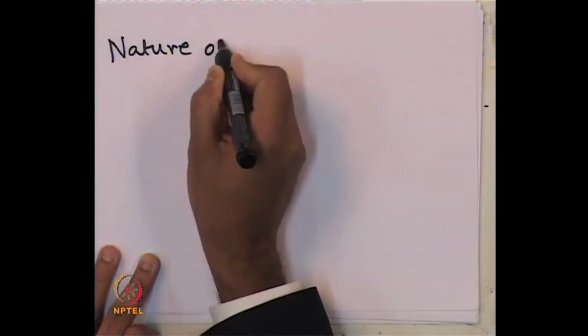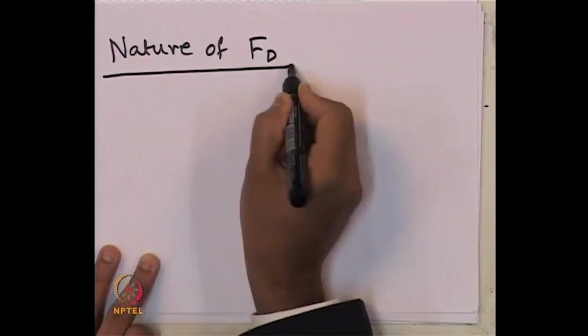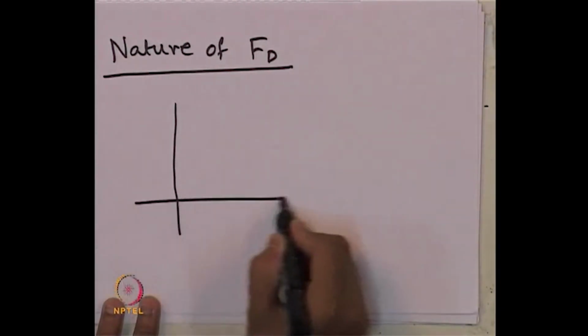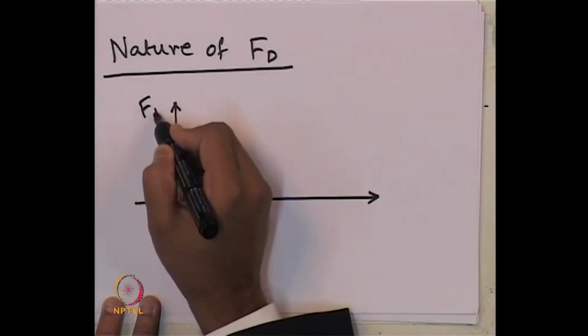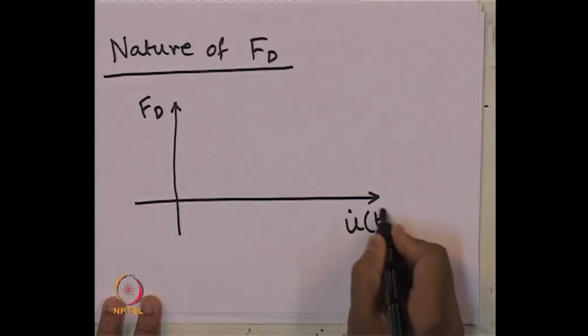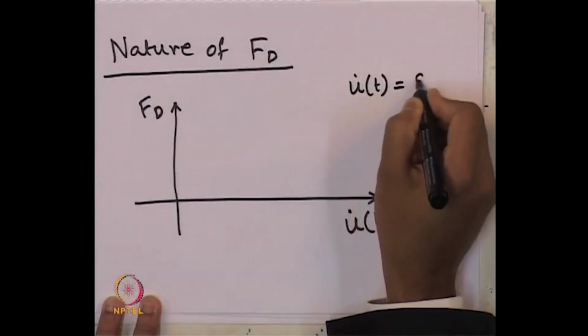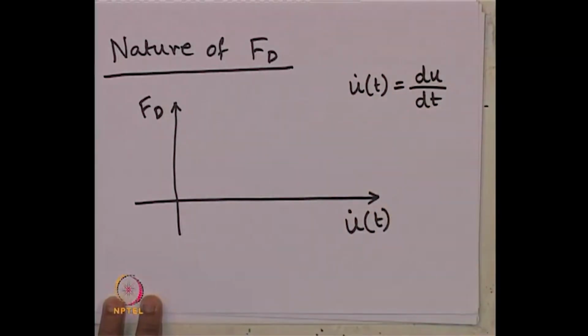Now, coming to the nature of the damper force, F of d. The damper force is related to the velocity component u dot of t, where u dot t is nothing but du of dt. So, how does it vary?